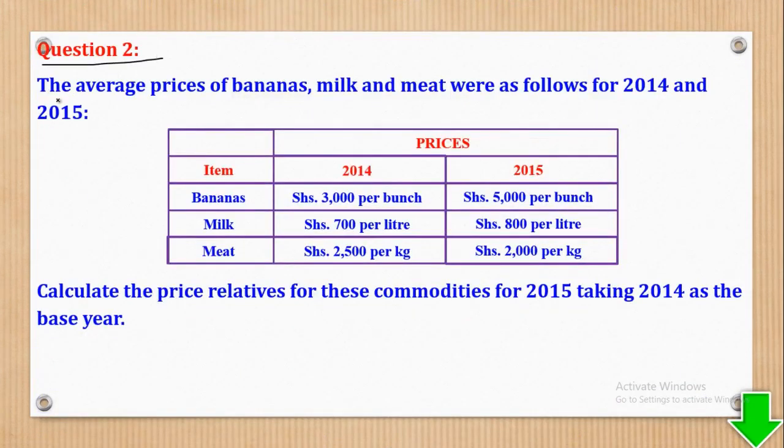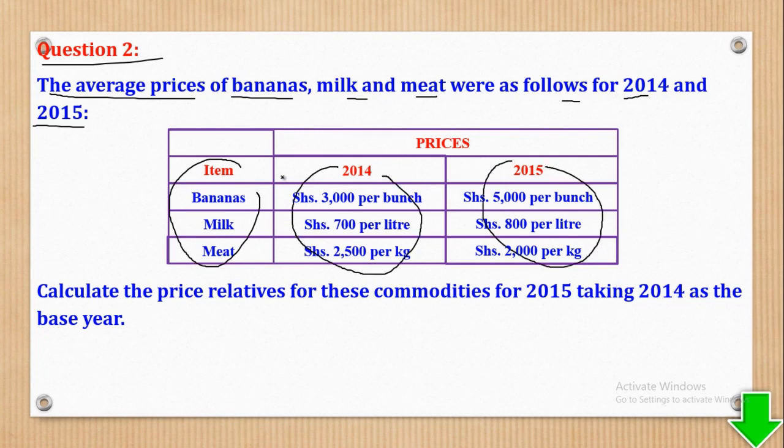Then question 2 says, the average prices of bananas, milk and meat were as follows in 2014 and 2015. So here they have tabulated for you the item, the prices in 2014 and the prices in 2015 for the same commodities.